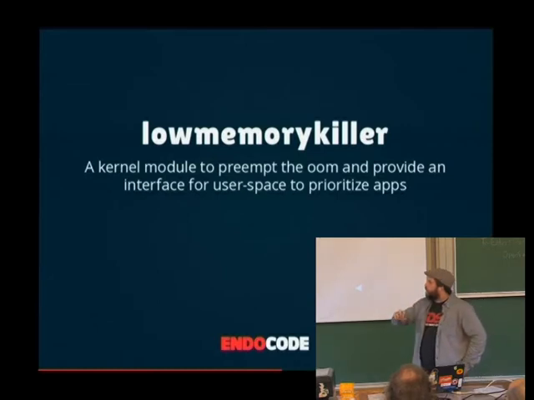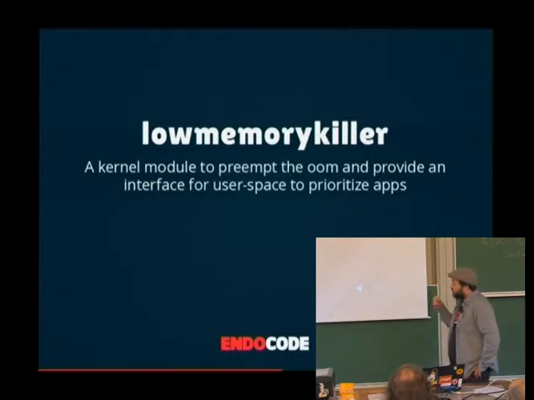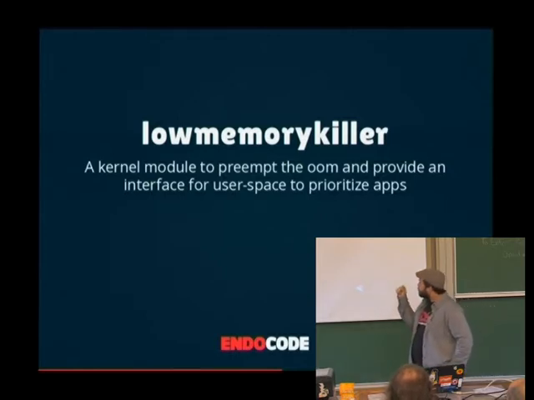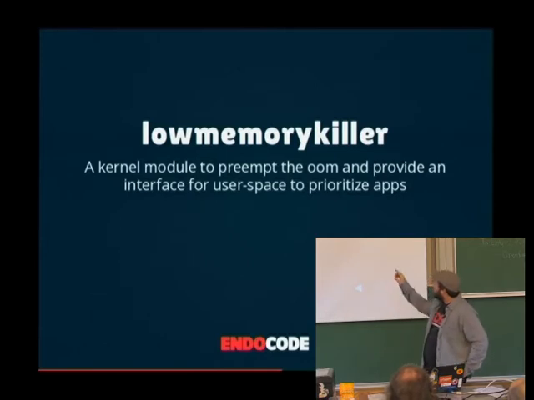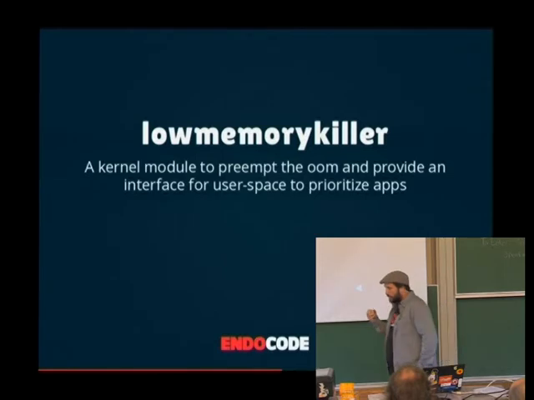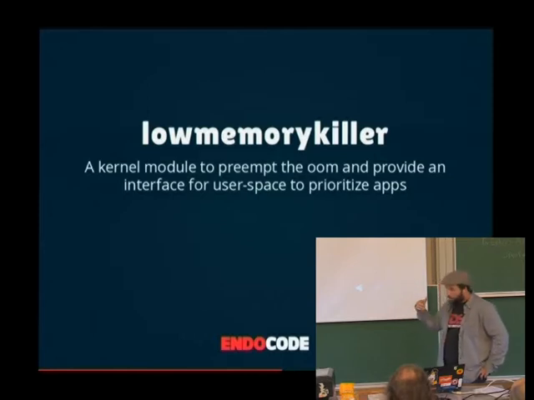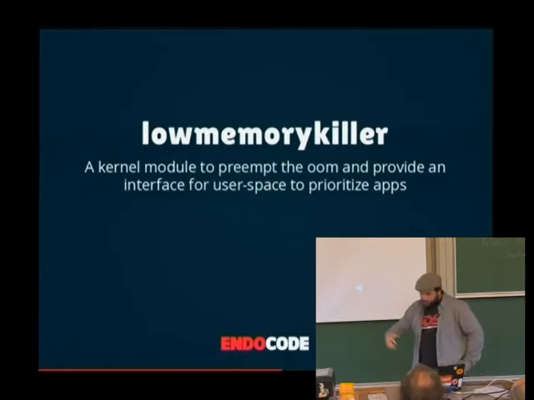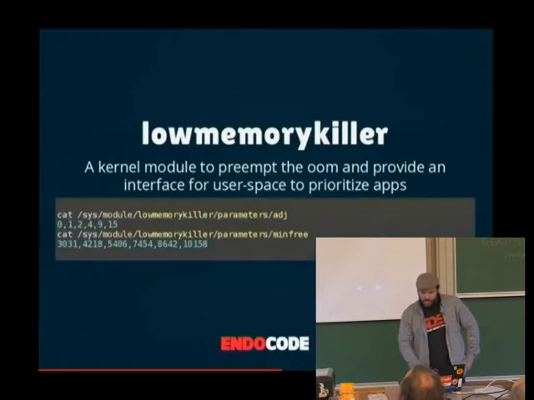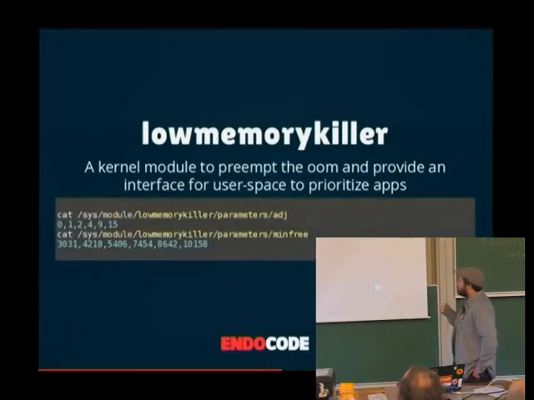The Activity Manager basically feeds the information to the low memory killer with its sysfs interface, and it basically tries to preempt the OOM. Android never wants to get to the case where it's really out of memory. So the low memory killer, instead of out of memory, is low memory, so that you can avoid actually reaching the level where you have to kill the system apps and things.